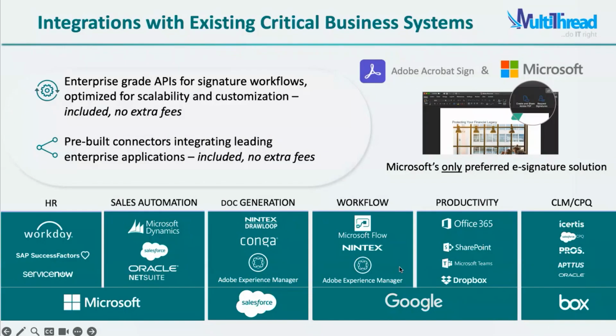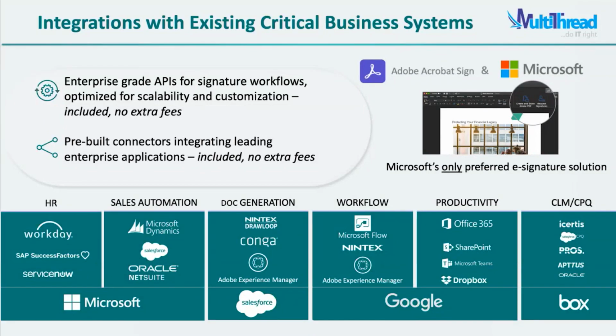Right, here are just some systems that it can integrate with. So your HR systems like Workday or SAP SuccessFactors, Microsoft Dynamics, Oracle, Salesforce. It integrates with the Microsoft productivity suite, like 365 and all of those.